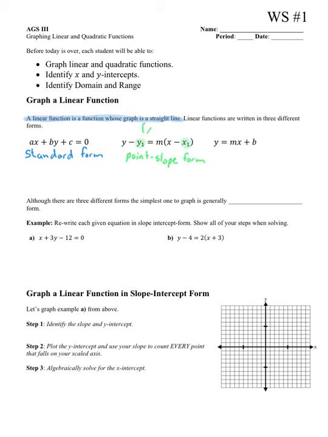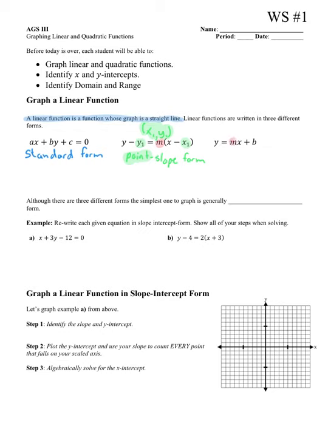That's technically an ordered pair, so that's the point. It's called point slope form because it gives you a point on the line. x1, y1 would be a point located on the line somewhere. And then the other thing it gives you is this m.